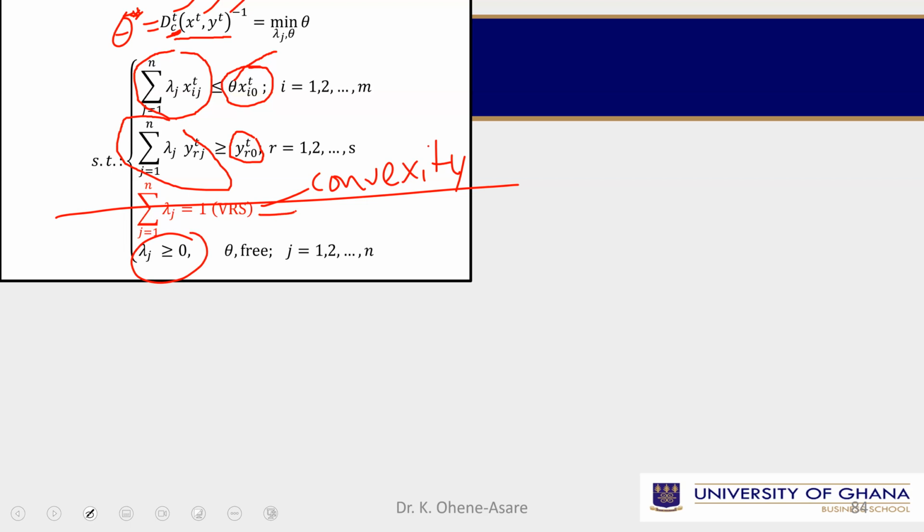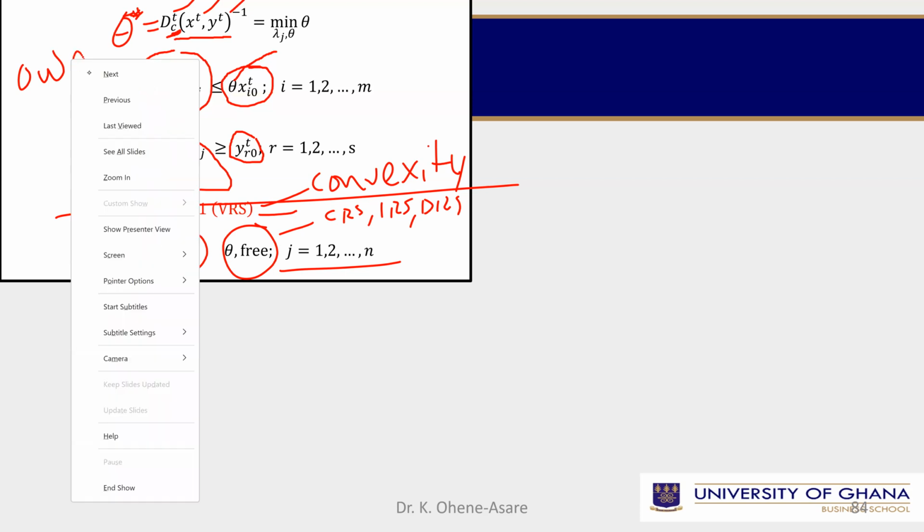Because we are assuming VRS here, theta is free. It's free to become CRS, it's free to become IRS, the firm is free to become DRS. And then, of course, your DMUs are here. This is for own period. So this is known as own period efficiency, own period.